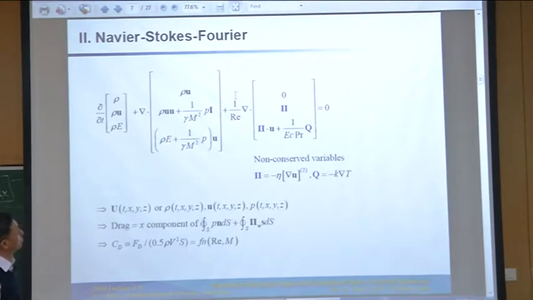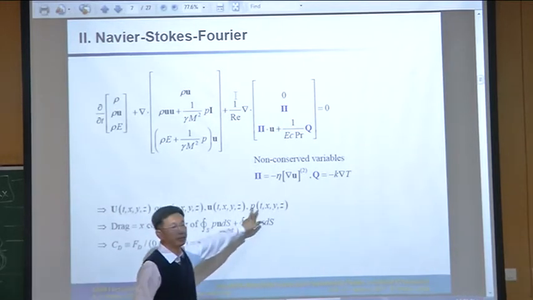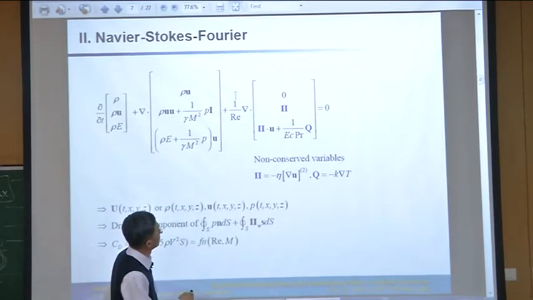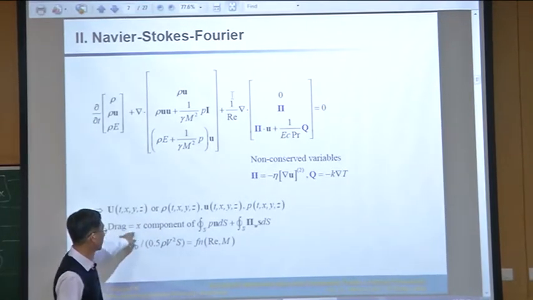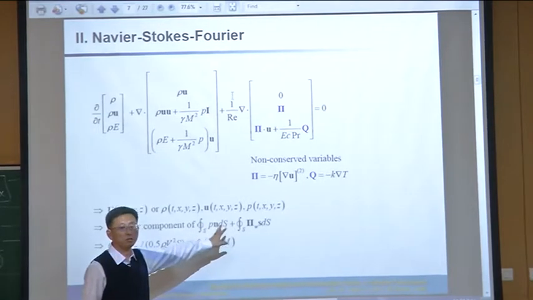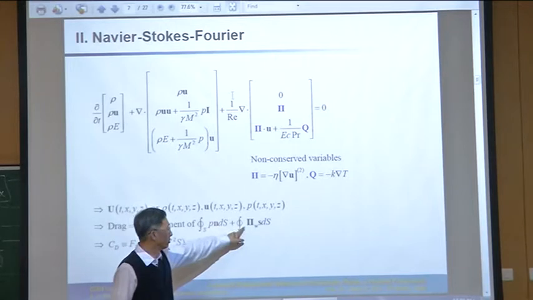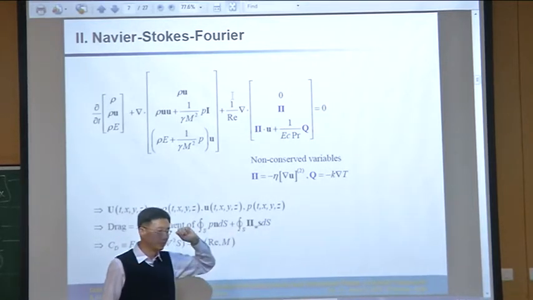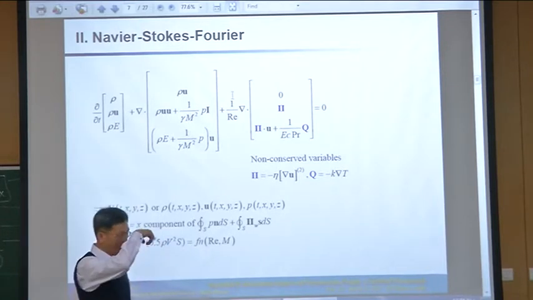So once you solve this equation, what is the final output? The conserved variables rho, u, p, and also the shear stress and the heat flux. And then the derivative can be integrated like this one. Of course, the force also has something to do with the normal stress tensors, like pi nm.